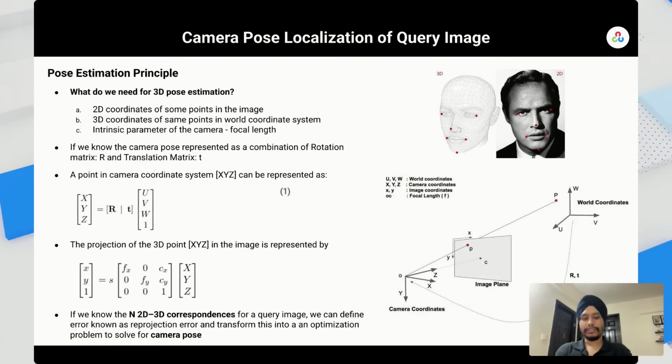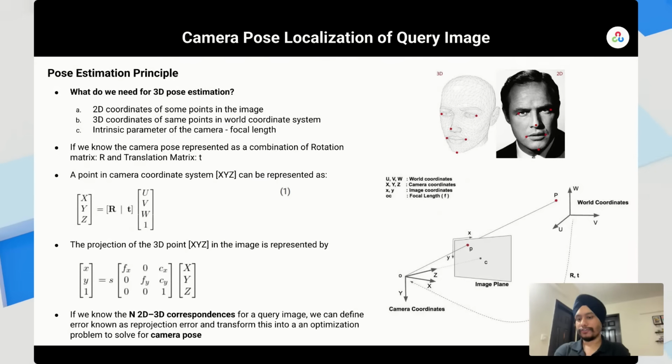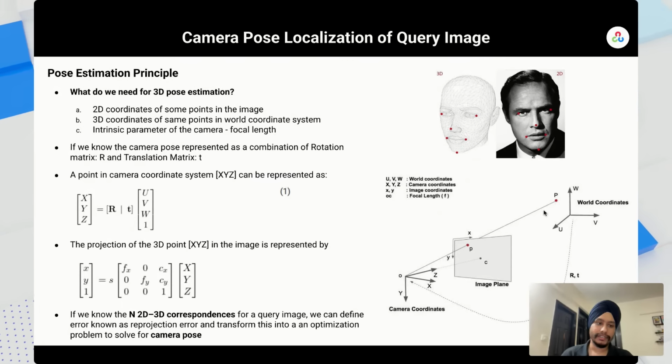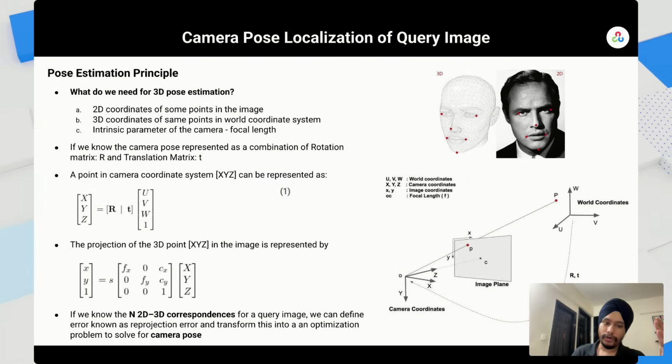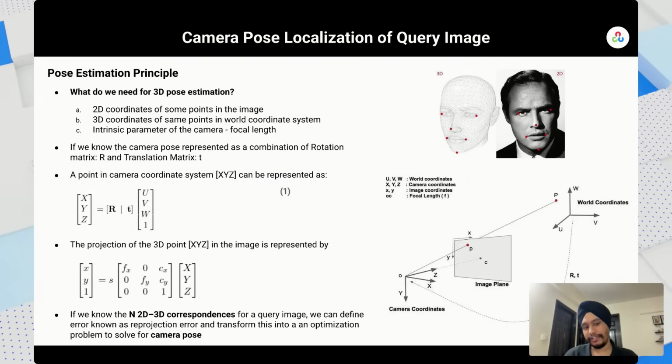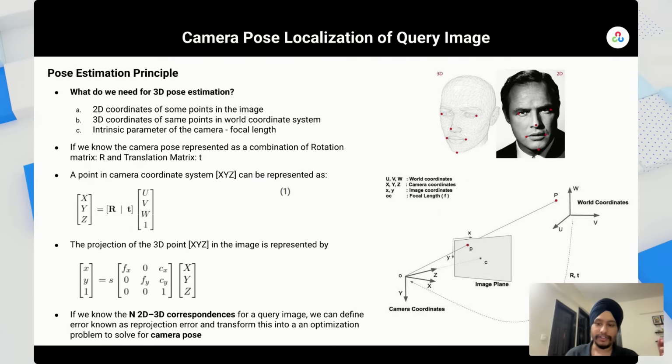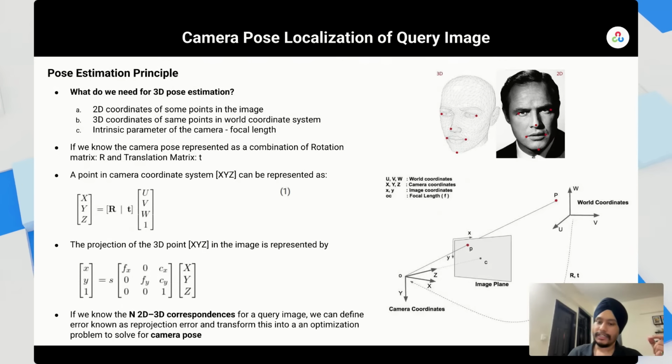And then coming to introducing the 2D part into it. Here you can see the camera is located here, and it is observing a point P. The projection of that point P will be on an image plane, the image that has been taken. If you want to represent the projection of that point on the image, we'll represent it with small xy.